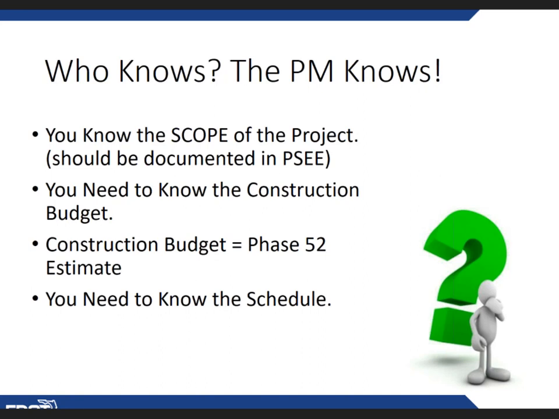Also, when you're looking at that Phase 52 estimate, please be reminded that we work in today's dollars. Your project may be a year, 2 years, even 5 years down if you're talking the 5-year work program, or even more if it hasn't been programmed yet. But we always work in today's dollars.